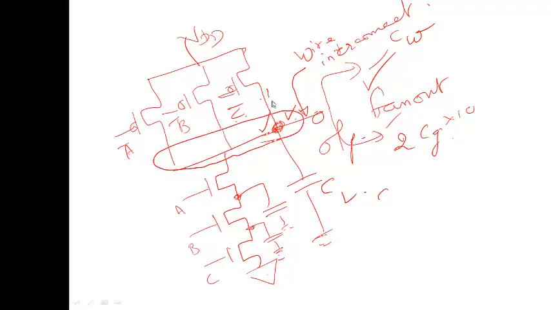For example, the drain to bulk diffusion capacitance of this device and of this device, whether they are on or off, the overlap capacitance effect and the diffusion capacitance of this and the overlap capacitance. All these capacitances get added to the load capacitance, which we identify as CL.